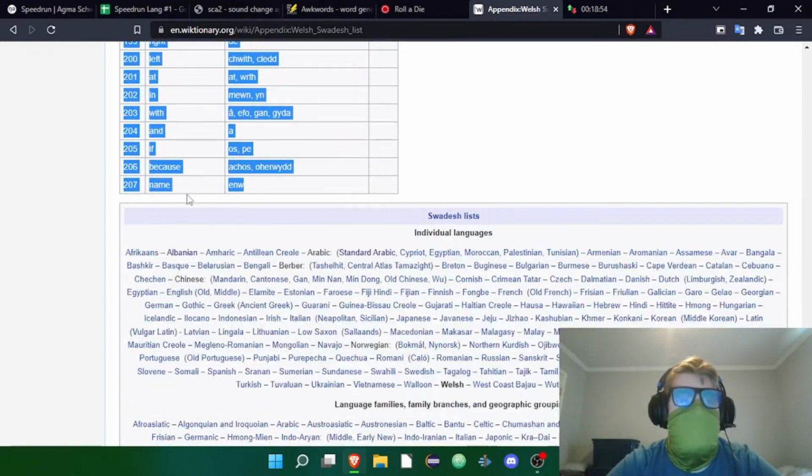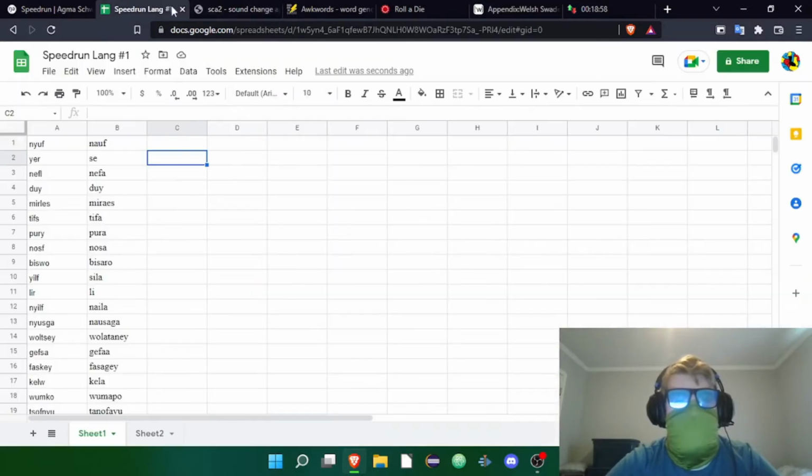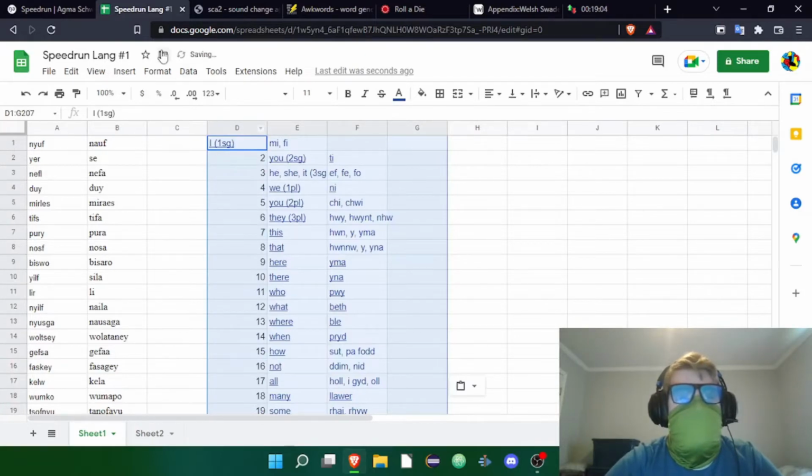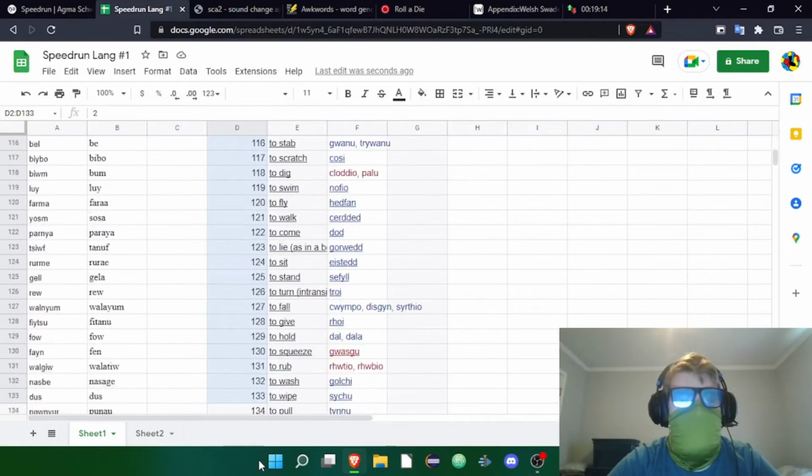Whoops. I actually studied Welsh for a while. It's been a while since I've gone back to it. Whoops. All right. Oh, we can fix this by just getting rid of this row.